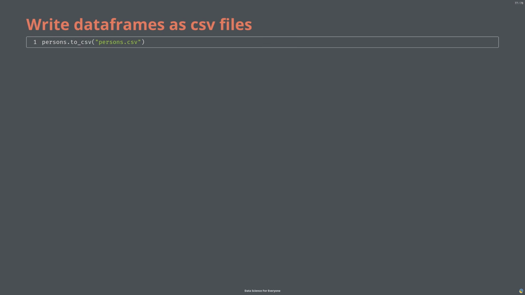Lastly, to convert a data frame to a CSV or comma-separated value file, we can use the to_csv method and pass in a new file path. It will save the data frame as a CSV file in the path we provided. In this case, the file path is just the file name, and it will be saved in the current directory.